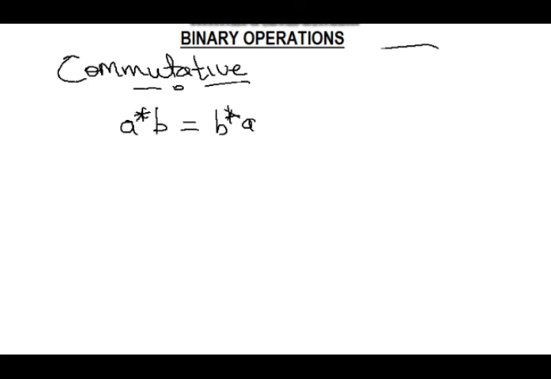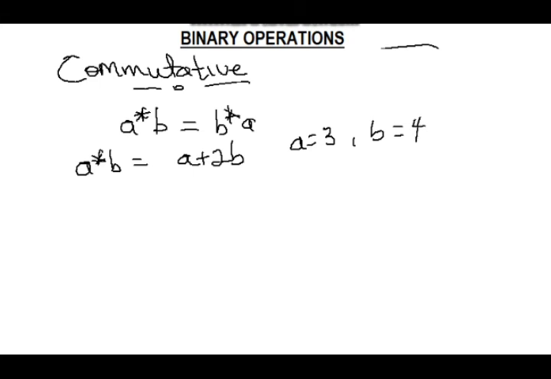So if we have a question like, let's say, A star B equals A plus 2B, and we use A equals 3 and B equals, let's say, 4.